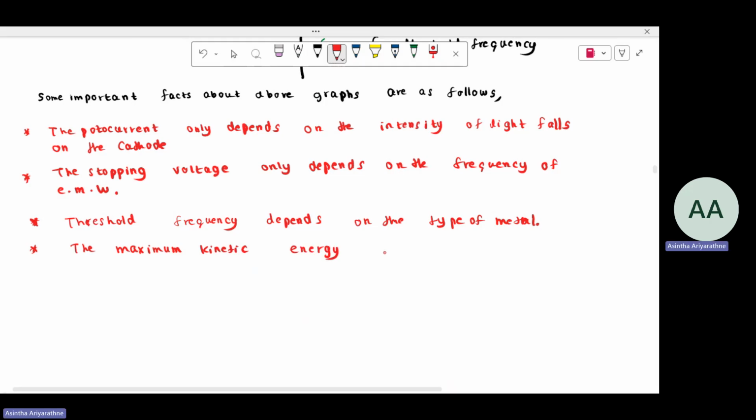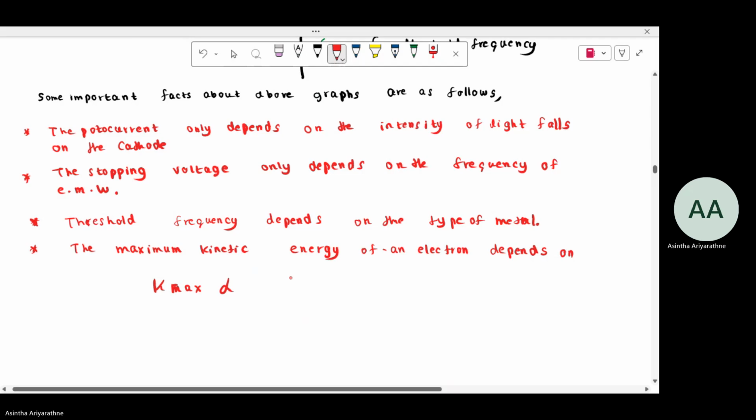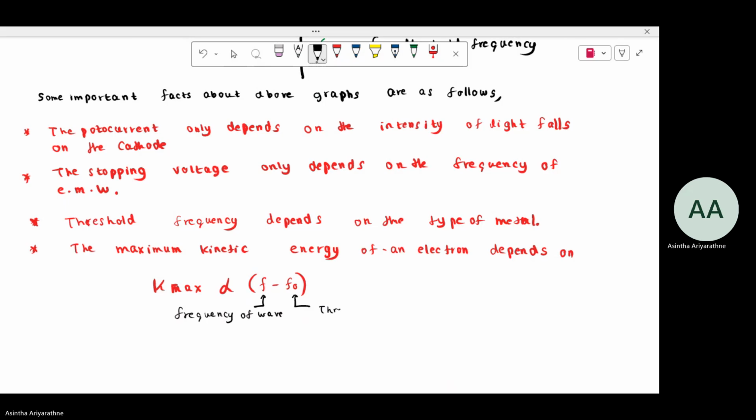The maximum kinetic energy of an electron depends on the difference between the frequency of the wave and the threshold frequency.